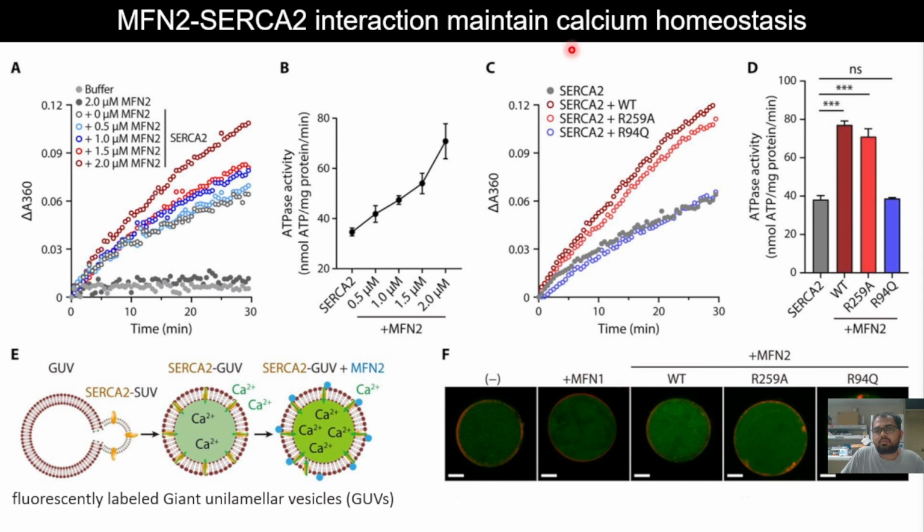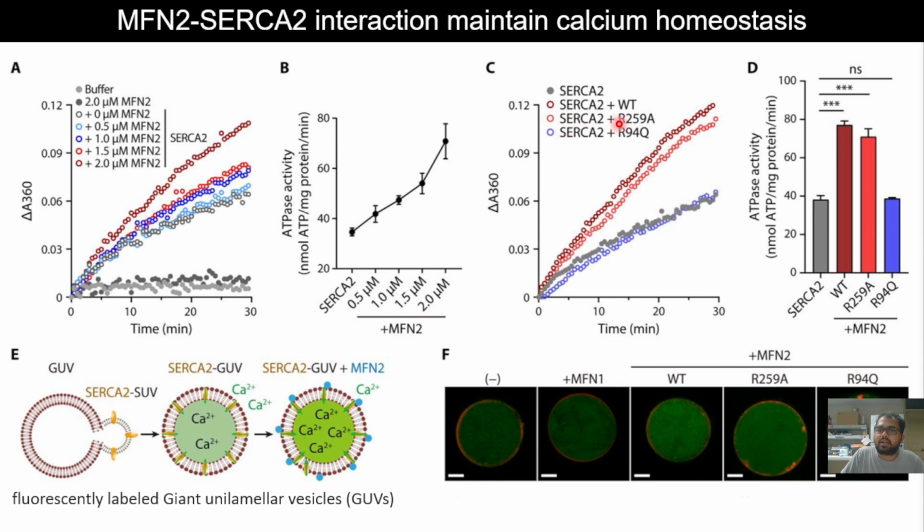And furthermore, they used a constant concentration of SERCA2, and then they added various variants of this MFN2, and they found that for this particular variant, for example R94Q, which is responsible for the activity of MFN2, there is no change compared to the control or the single SERCA2 activity.